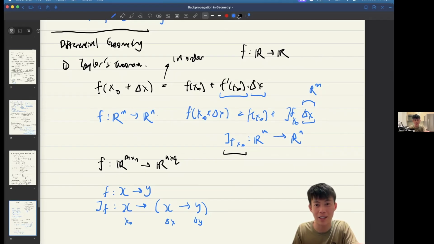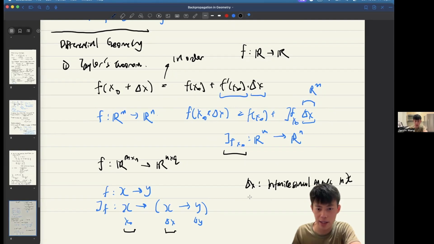But in differential geometry, we have to be more precise. The thing to note here is that this x naught and this delta x are not really the same object. Delta x, we regard as a change between two points in X, whereas x naught is just an object in space X. Similarly, delta y is an infinitesimal change in Y. In differential geometry, we have to be precise about this, and I think it is right to be precise.